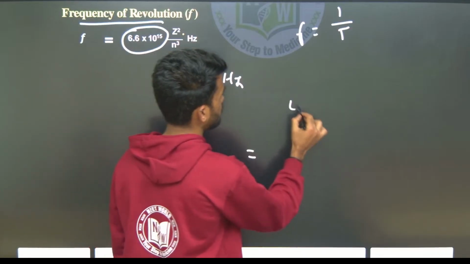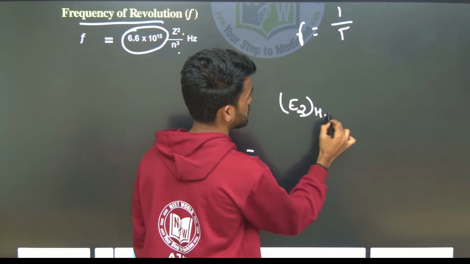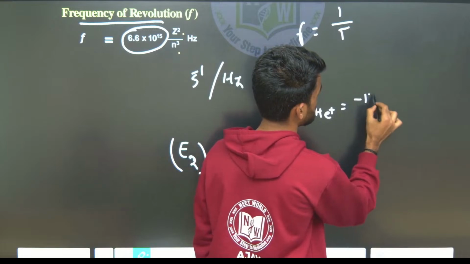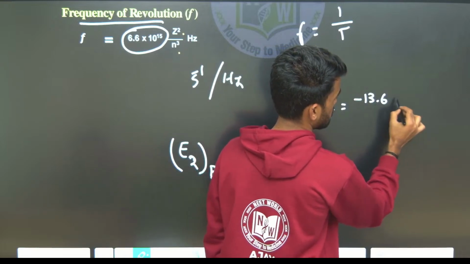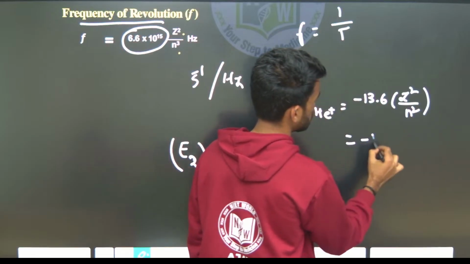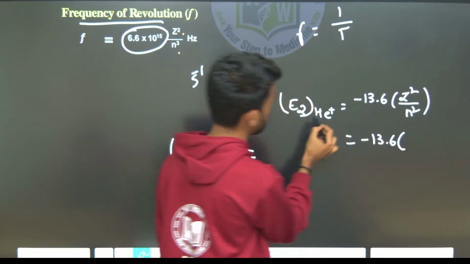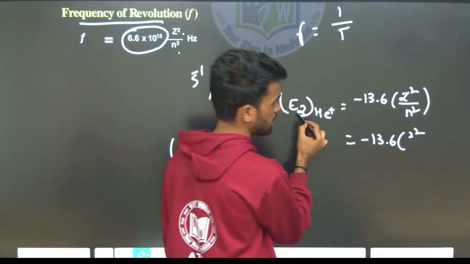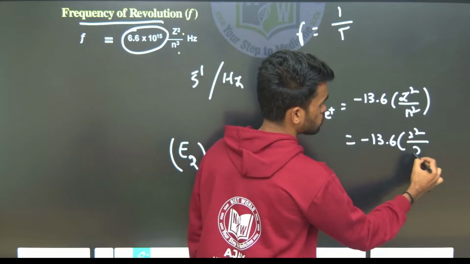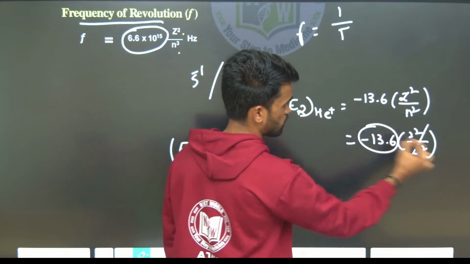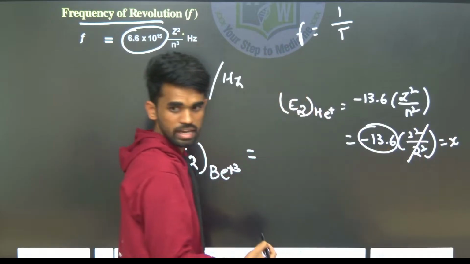So E2 of helium plus is x, which is nothing but minus 13.6 z square by n square. Z for helium is 2, so 2 square, and n is also 2, so 2 square. This value equals x.